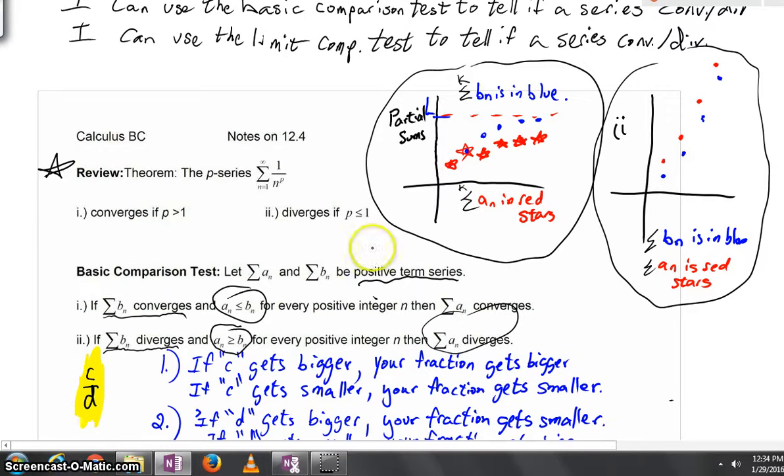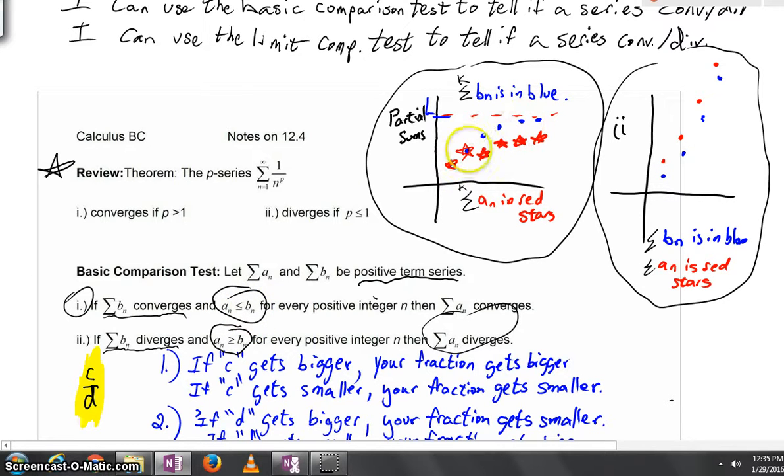In a similar way, going back to our first case, if I know that b sub n in blue levels off, but if a sub n would have been bigger, that means that the red stars would go above these blue dots. Those red stars possibly could be heading off towards infinity. So it's very important to note that when b sub n converges, we use the basic comparison test only when our a sub n series is smaller than the b sub n.